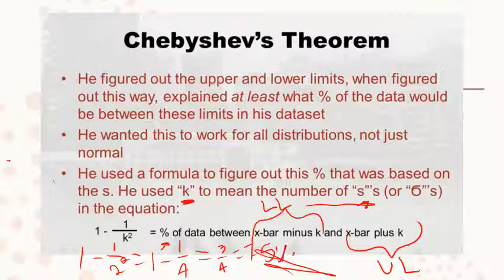So basically this means if you're using 2 as the number of standard deviations that you are going to use for your lower and upper limits, then 75% of your data will fall between your lower limit and your upper limit. Okay.